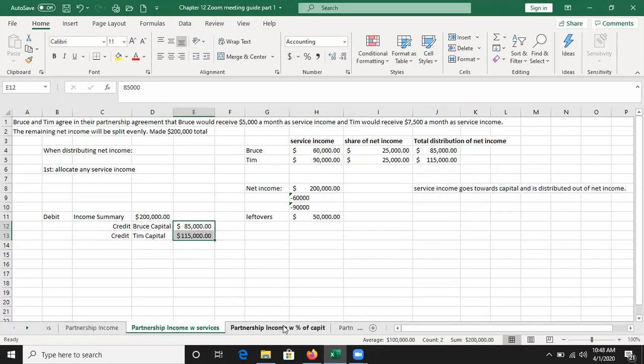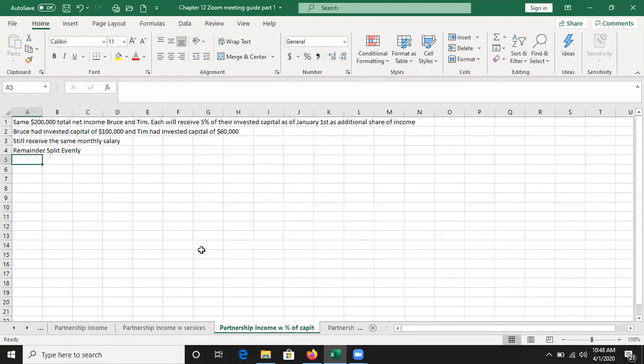tab. We're going to look at partnership income with a percentage of capital given out. So this is another thing that could be in the partnership agreement. In this case, $200,000 of net income Bruce and Tim earn. Each is going to receive 5% of their invested capital as of January 1st as additional shares of income.